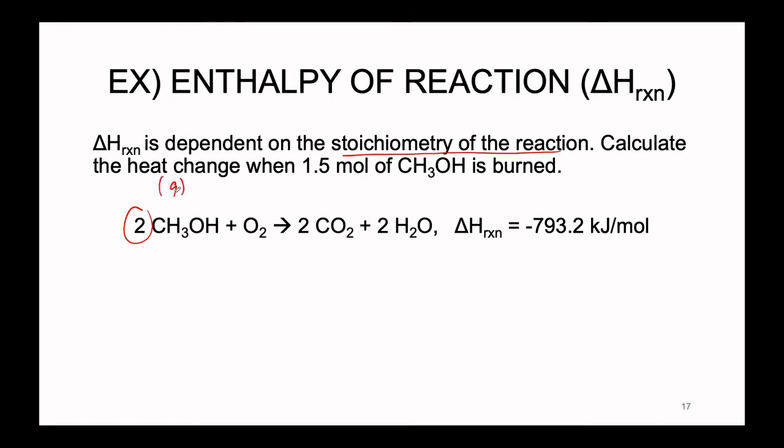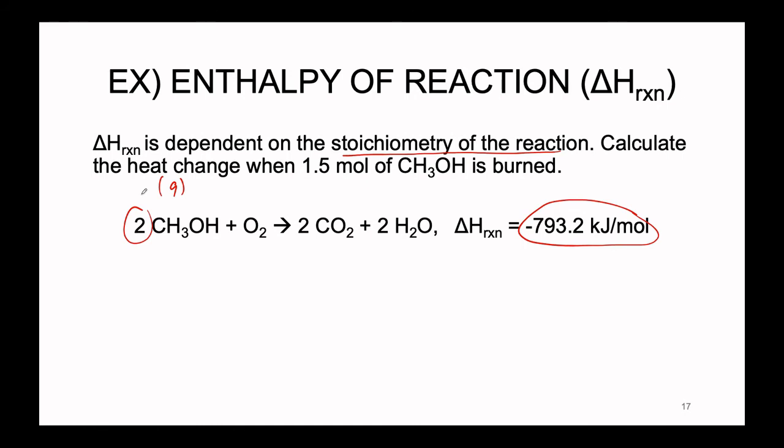The big question is, how do we incorporate this 2? Do we have to multiply our answer by 2? Do we have to divide the answer by 2? Like, what do we do with this 2? Because the 2 corresponds to the standard enthalpy that is reported over here, this negative 793.2 kilojoules per mole.